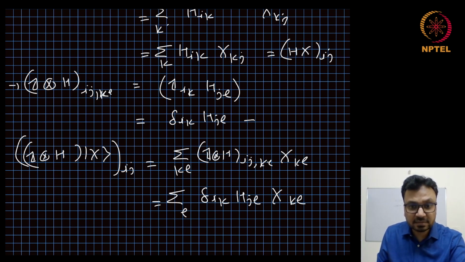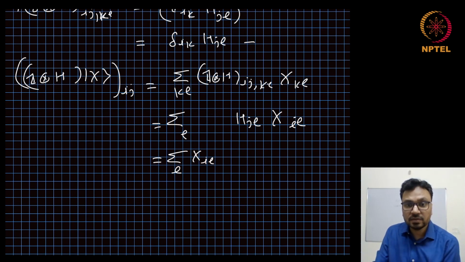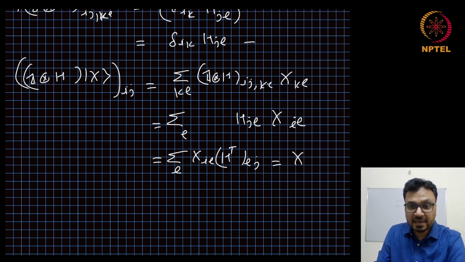We remove k from here, delta we remove from here and k becomes i. So this becomes sum over l X_il H transpose_lj, that is X H transpose_ij.